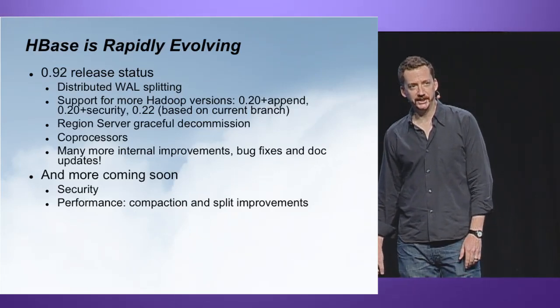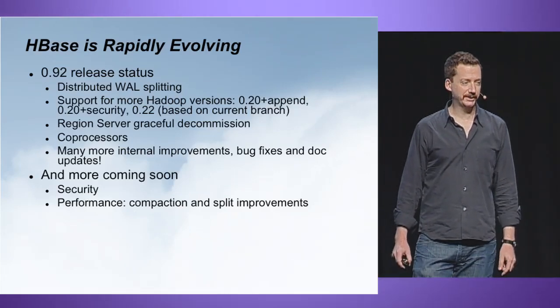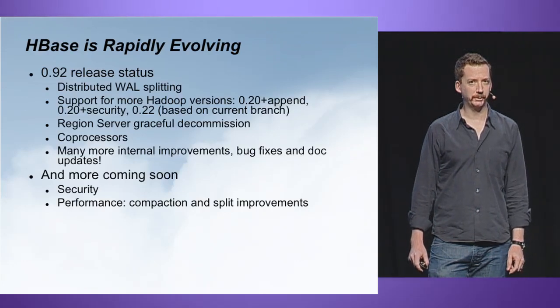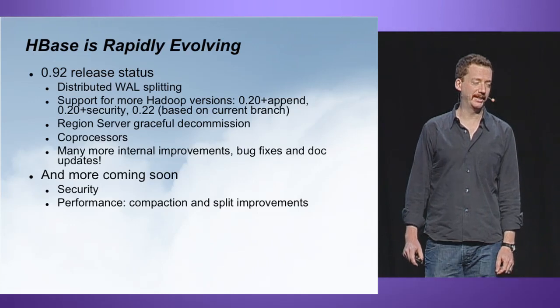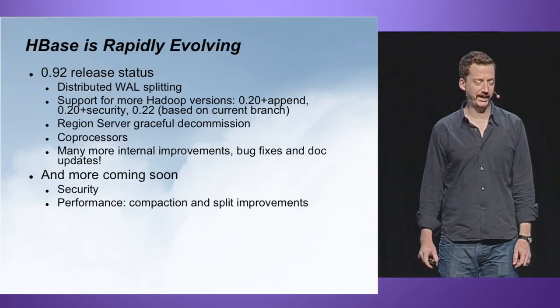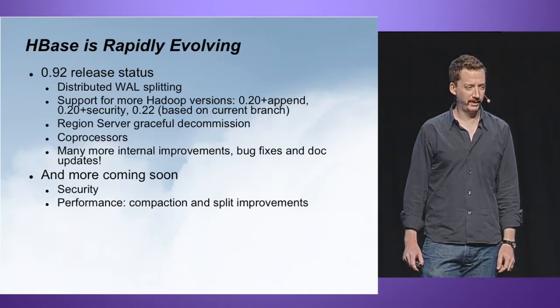So HBase is constantly changing. The next coming release of HBase will be 0.92. I won't give you an exact date for that, but hopefully we'll have some release candidates out in the next month or so.